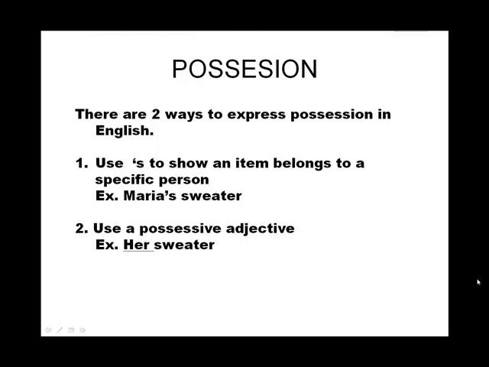Or we might use the possessive adjective and say her sweater. If you use this, make sure you mention Mariah first, because if you don't, who knows whose the sweater is. Her sweater implies it belongs to a female, a woman, a girl, in this case, Mariah.